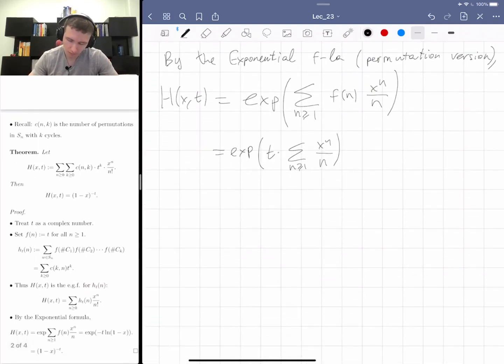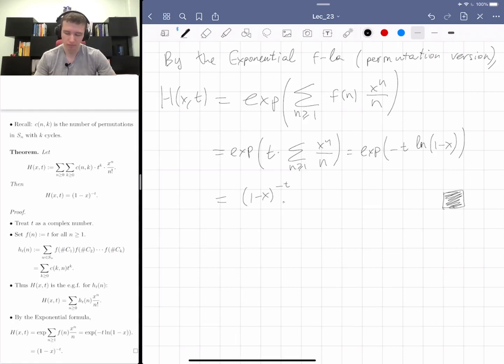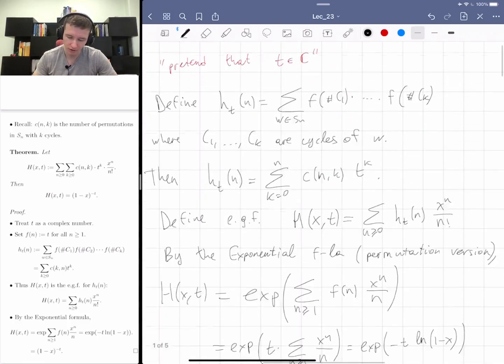So this is the exponential of minus t times the logarithm of 1 minus x. There is an extra minus sign because of the logarithm, and now I can compute the exponential. So that's 1 minus x to the power of negative t. Very short proof, very surprising result.